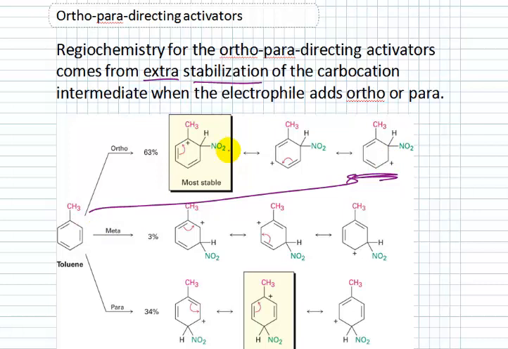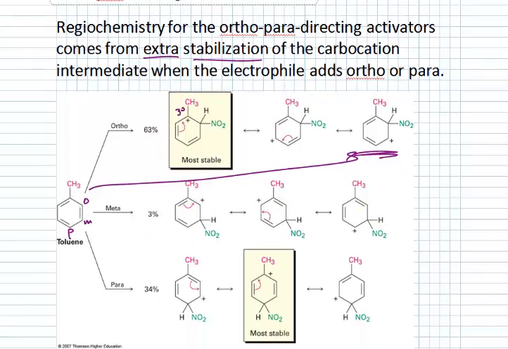Okay? When I add my nitro group ortho, here's meta, here's para, what I can end up with is one of these resonance structures where the plus charge is next to the methyl group. Okay? That is a tertiary carbocation where the others were secondary. When I add meta, my plus charge never lands on that tertiary carbon.